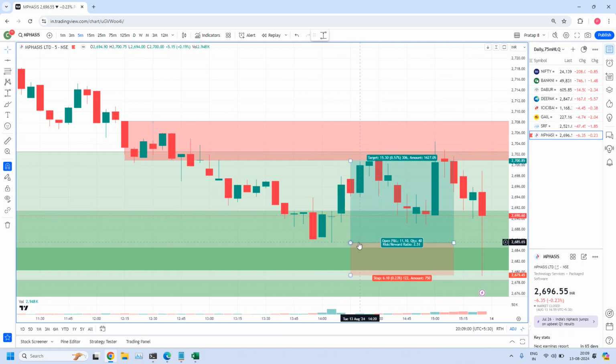But I am telling this analysis from an experienced person's point of view. After the adjustment, this is how we can plan. And luckily, exactly at the adjustment level, a little below, another 10 paisa below, it came and took the entry and moved and finally reached the target at 14 hours 25 minutes.